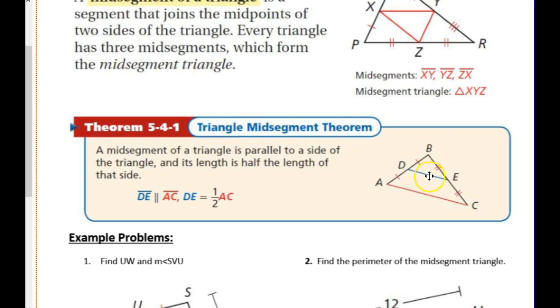This says DE equals 1/2 AC. Has everyone seen that? DE, the midsegment, equals half of the outside parallel side AC. I'm going to write that in my own words right here. Midsegment equals half of side.